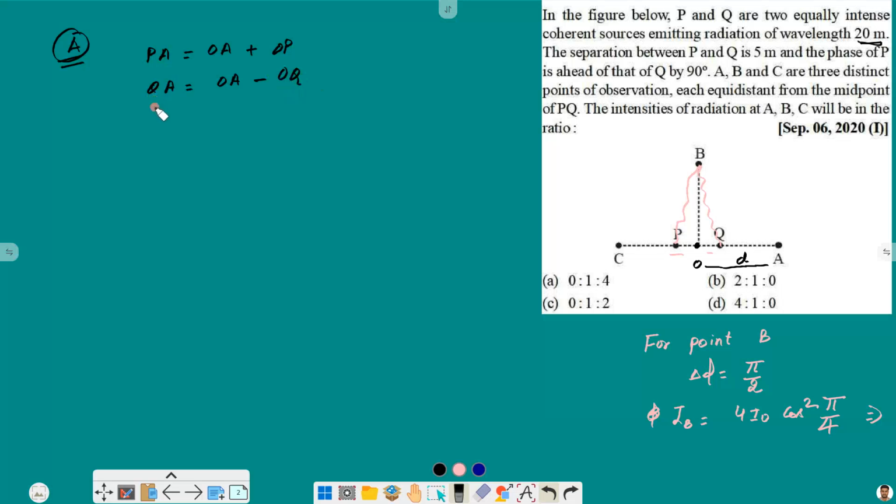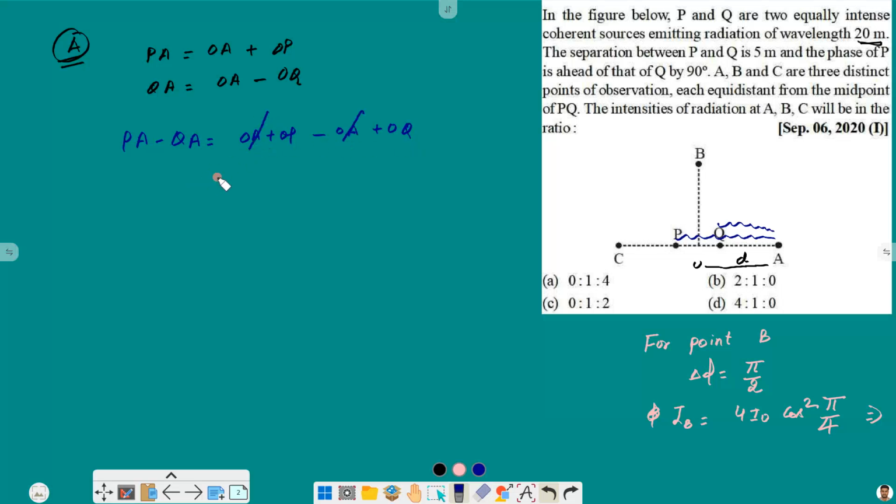Now the path difference between the light traveling here, if I clear this, the path difference of light traveling from P to A and Q to A will be PA minus QA, and that will be OA plus OP minus OA plus OQ.